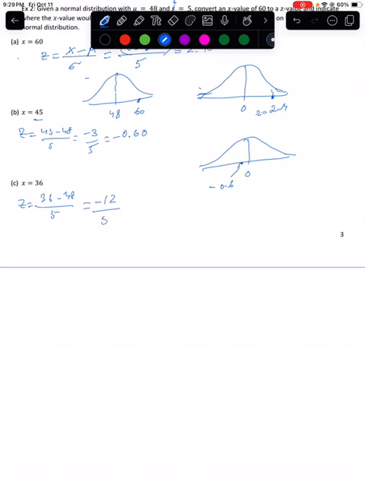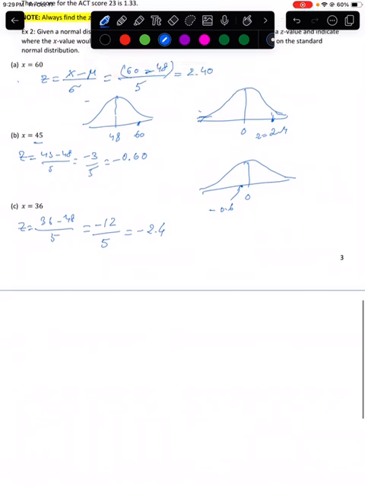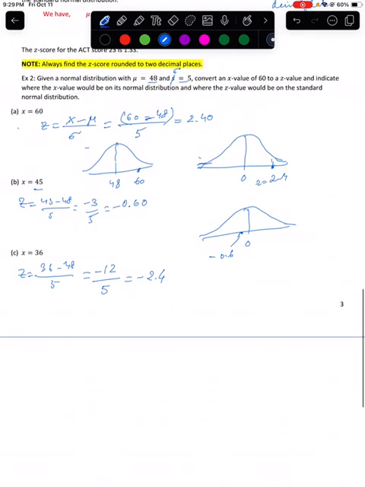It will be negative 2.4. Okay, so that is what we get. So notice here that when we had the value 60, we got 2.4 for the z-score, and now for value 36 we are getting negative 2.4.